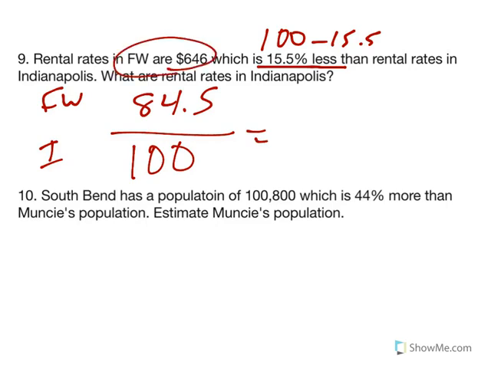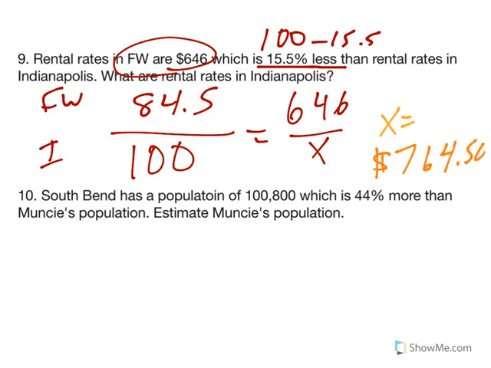Now, in Fort Wayne, the rates are $646. So we then cross multiply and divide. In Indianapolis, they are $764.50.